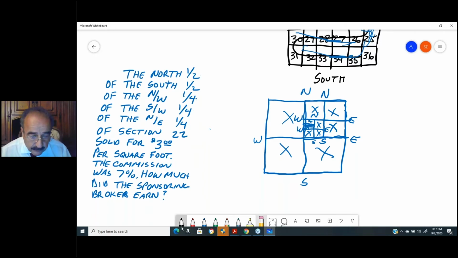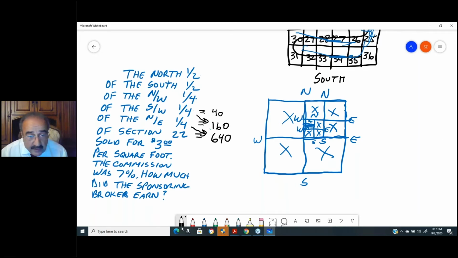Now, every section equals the same amount. They equal 640 acres. What I did then is I took a quarter of that. 4 divided into 640 equals 160 acres. 4 divided into 160 equals 40 acres.